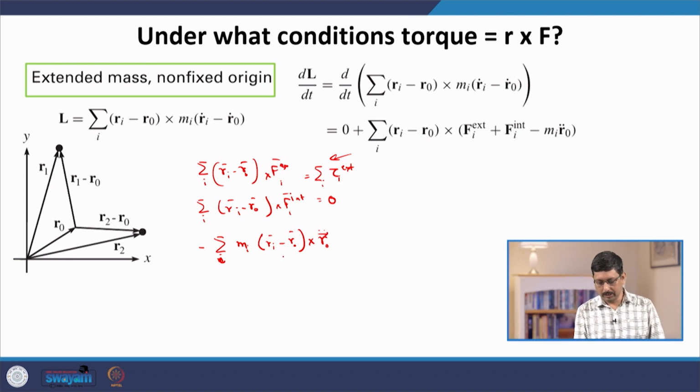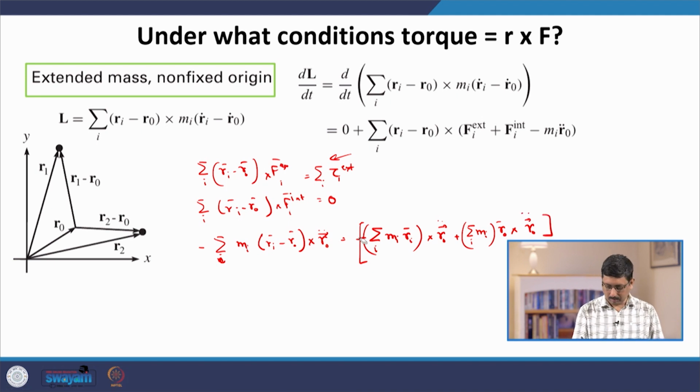Now, if I take this first term, and in the second term we have just sum over m_i times R_0 cross R double dot.